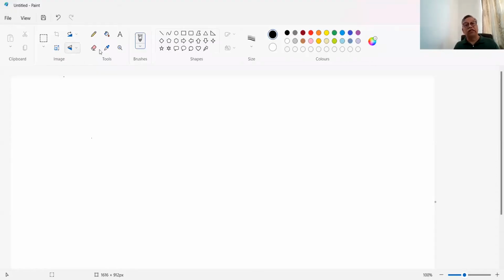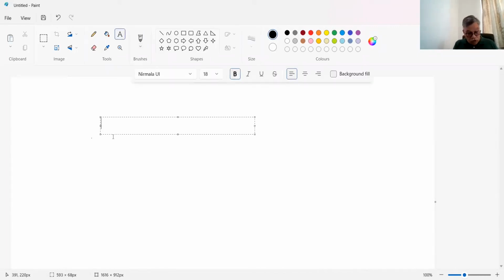So see what this equation becomes. This becomes Euro divided by rupee. Okay.